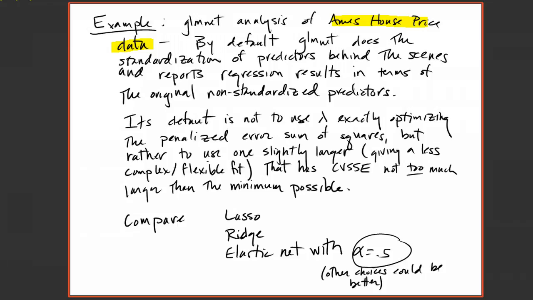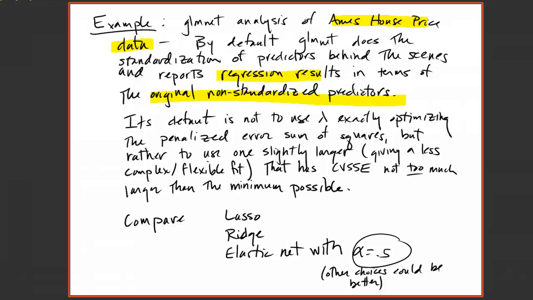You should know that by default, glmnet does the standardization of the predictors behind the scenes, and it just goes ahead and reports regression results in terms of the original non-standardized predictors.